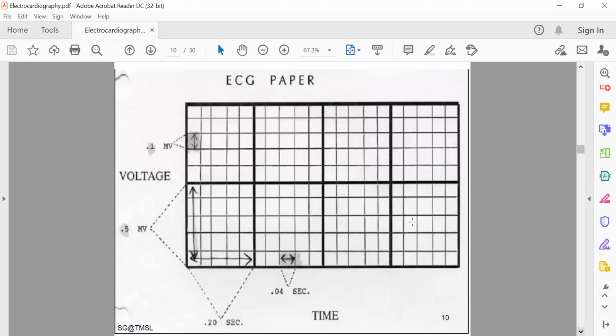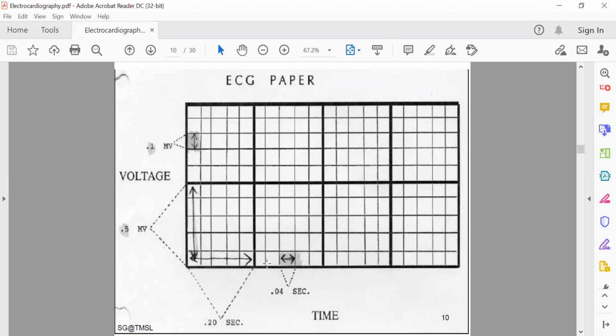So normally in ECG paper, there are five small boxes equivalent to one big box: one, two, three, four, five. Now this one is the time axis, this is the voltage. Each small box is equivalent to 0.1 millivolt, and on the time axis, one box is 0.04 second.